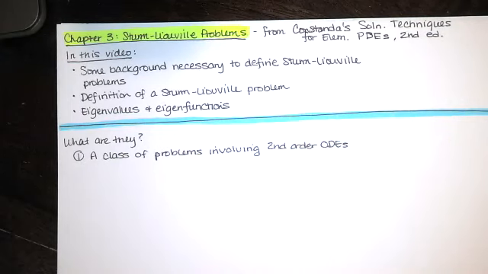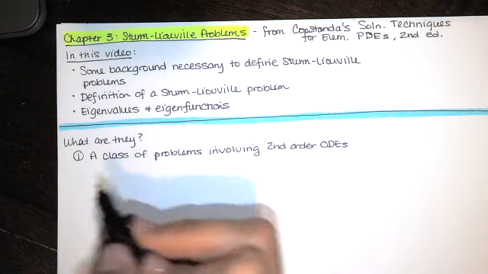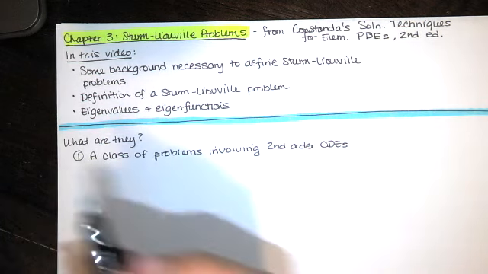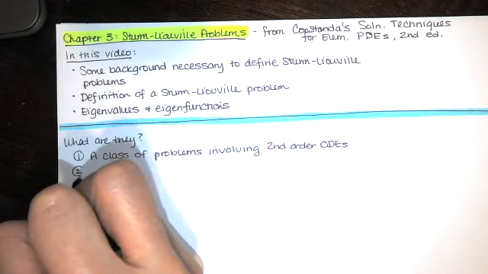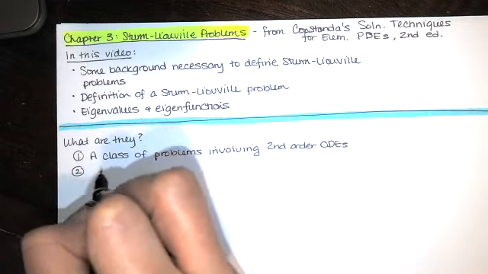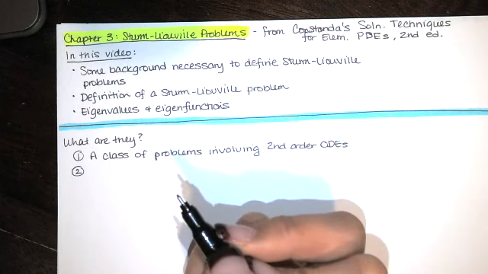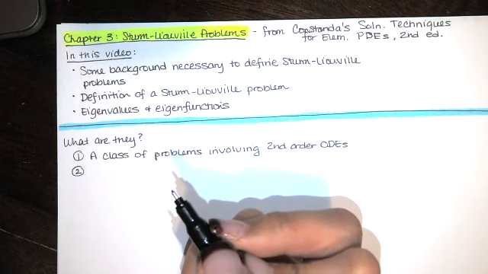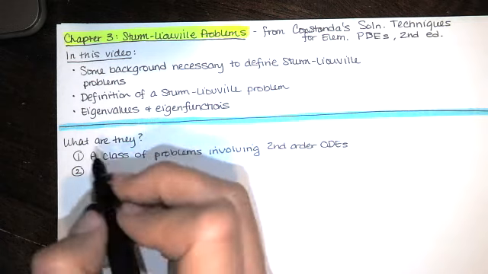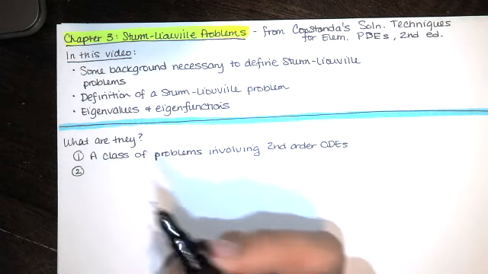But these eigenfunctions and eigenvalues are very important when we're solving partial differential equations later with a couple of other methods. So this is a precursor. It's getting us ready to study a couple of other methods. Those methods include separation of variables and the eigenfunction expansion method, which are discussed in chapters 5 and 7 of this textbook.